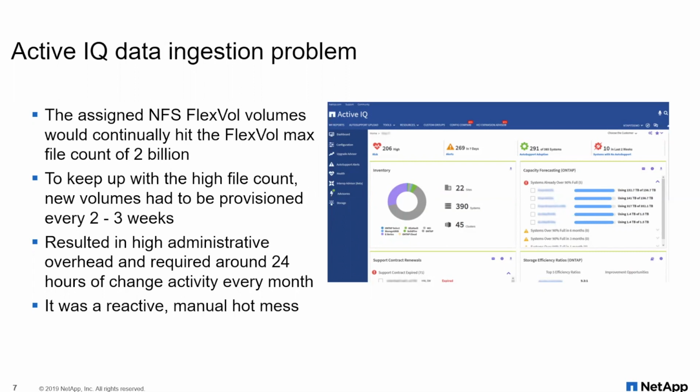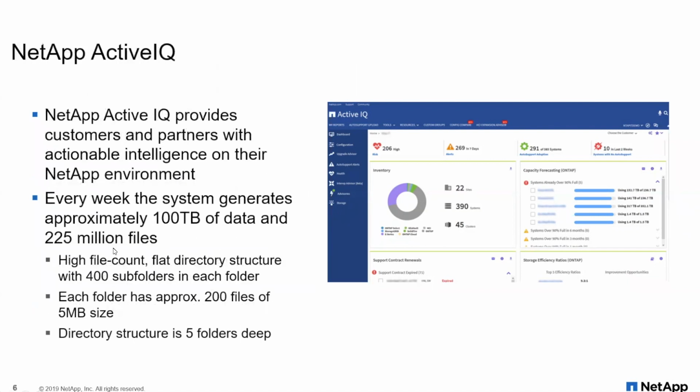Right, you're correct in that there are specific use cases where FlexGroups works better than others. You could deploy it in almost any NAS environment. However, for the performance that NetApp recommends and guarantees, there are specific use cases that we've tested. In our environment, we're looking at a flat file structure. Let me go back to this slide. This is the directory structure that we've tested and are using with ActiveIQ.